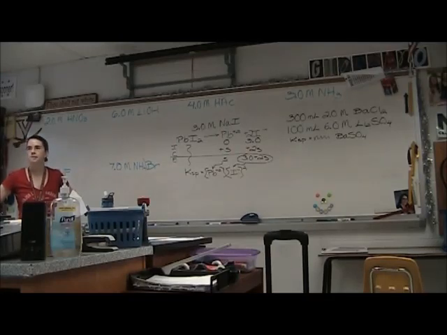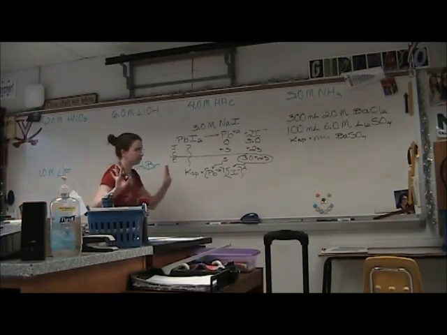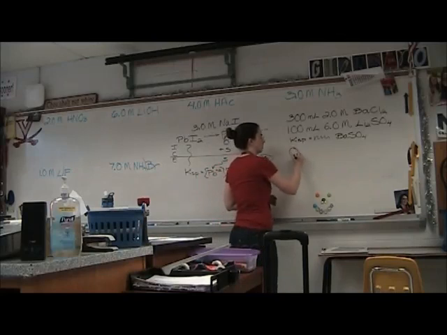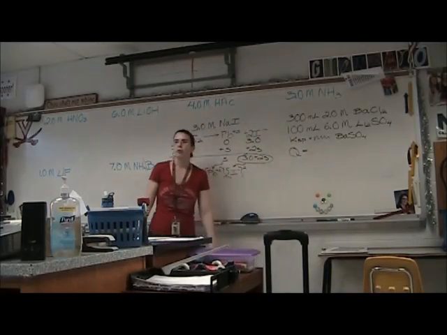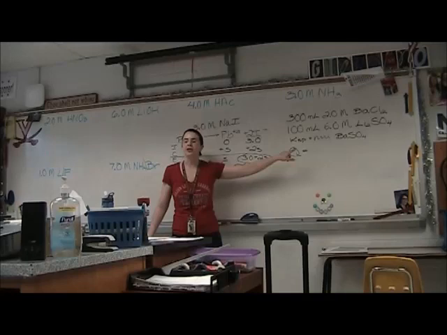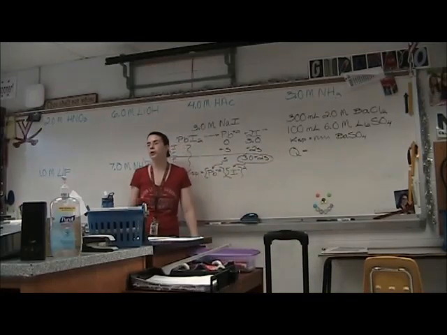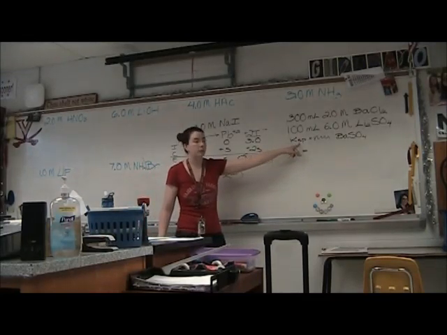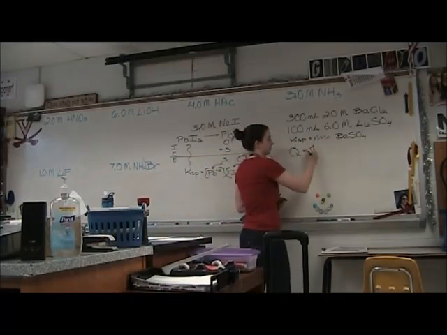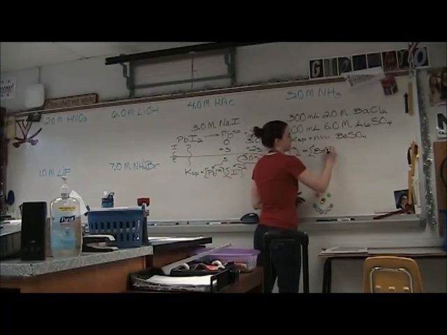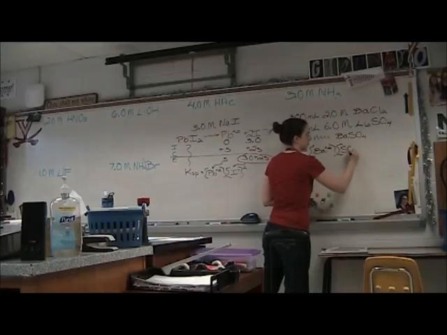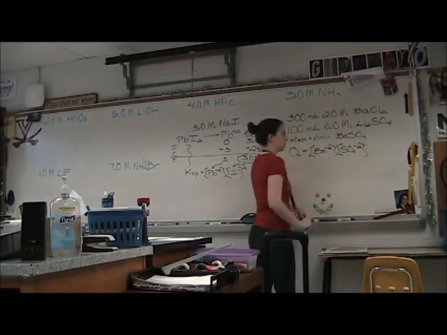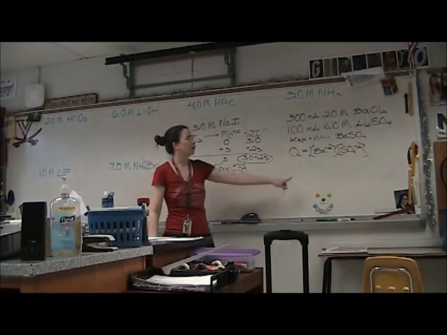What are you going to do? Find the Q. You've got to solve for Q. Remember, guys, Q is set up the exact same way as KSP. Which compound do I care about? The one that you're given the KSP for, barium sulfate. So it's going to look like this. Where am I getting these numbers?